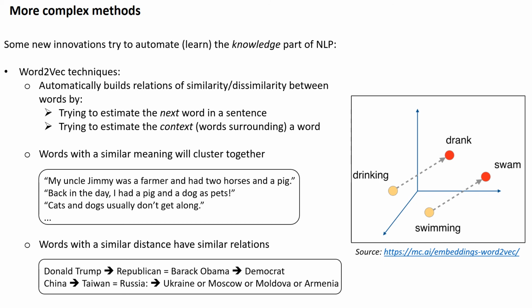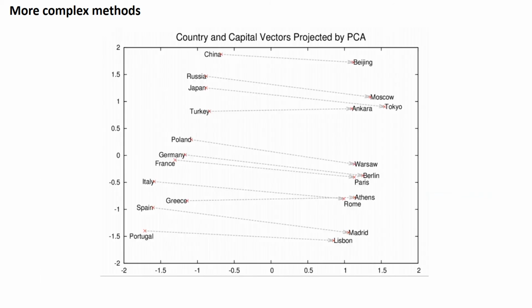Let's take another example here. I've plotted here the distances between different countries and their capitals. Now, imagine that you have no idea that the capital of France is Paris, right? That you're completely oblivious to that fact.